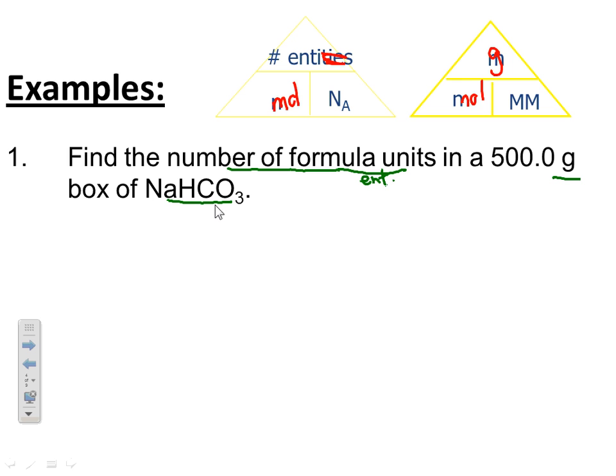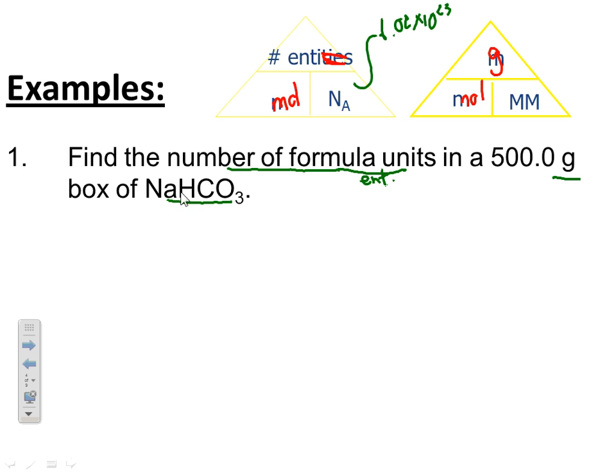So notice, if I want to just find entities on its own, I need Avogadro's number, which I can get from my table, or I've memorized it. 6.02 times 10 to the 23. That's a number I'm always given. Moles, notice I'm not given any moles. I'm going to have to find some moles.